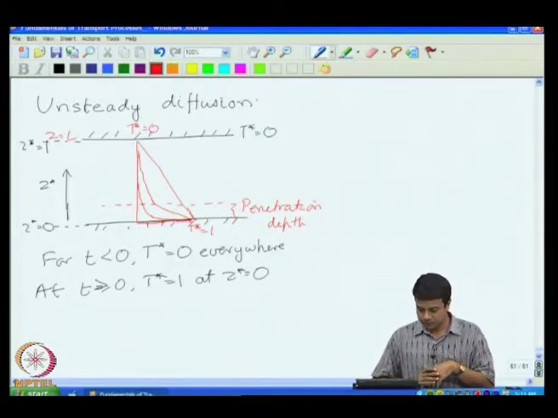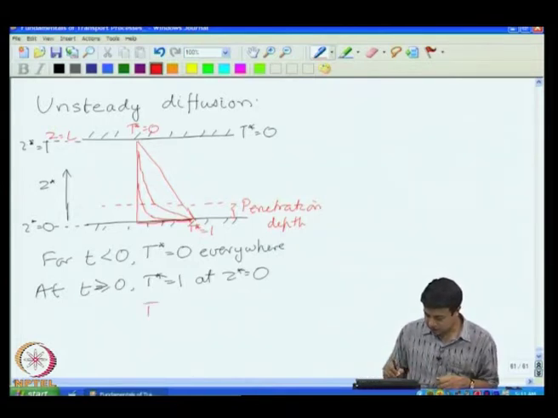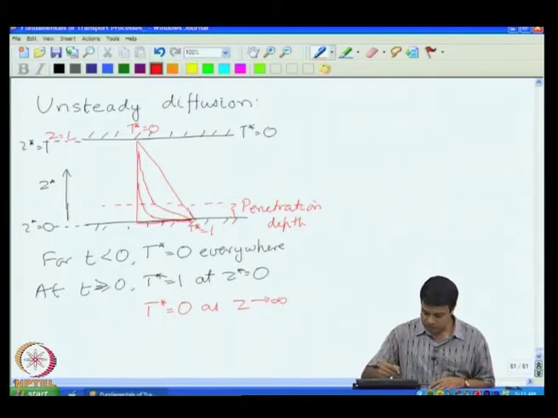So, my problem, rather than T star equal to 1 at z equal to 0 and T star equal to 0 everywhere else, if the penetration depth is small compared to the total height, then I can say that T star is equal to 0 as z goes to infinity. When I go further and further up, the temperature approaches 0.